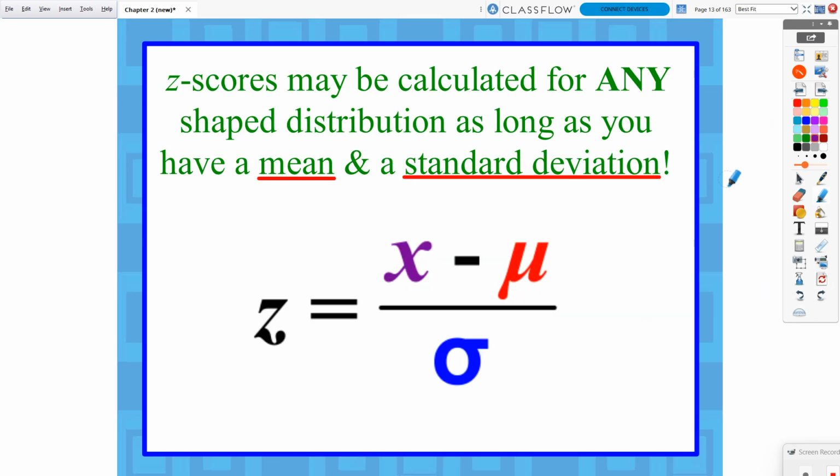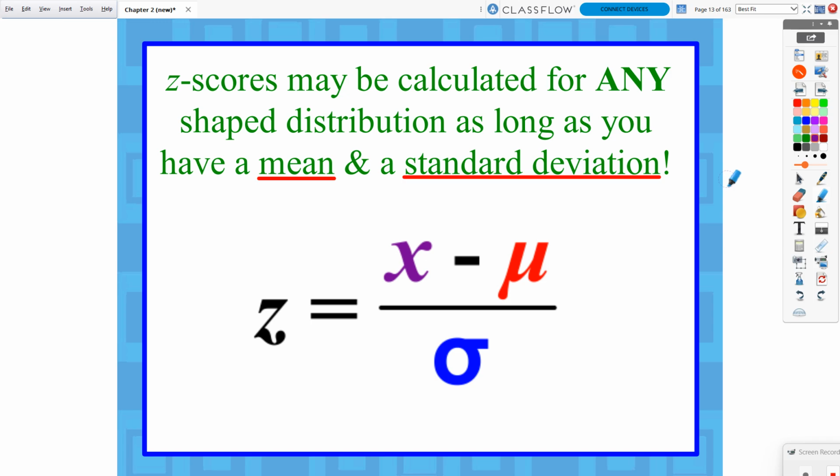Z-scores can be calculated for any shaped distribution, as long as we know the mean and the standard deviation. I mention this now because later this chapter, we're going to put a lot of focus on normal distributions.